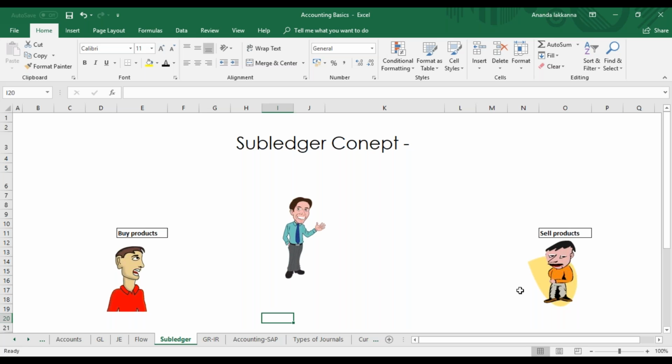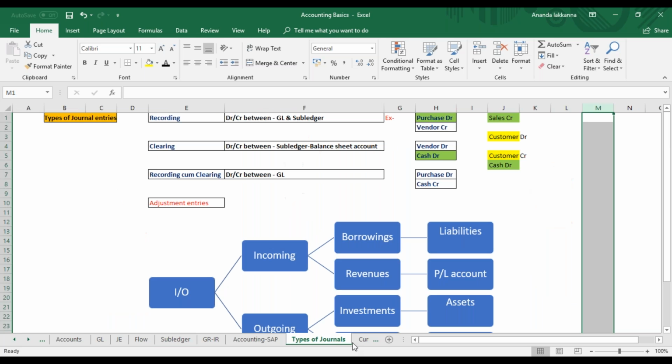For that purpose, all this additional work started. Whenever you do any transaction, you can do it in this way.